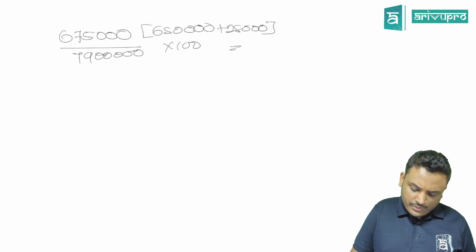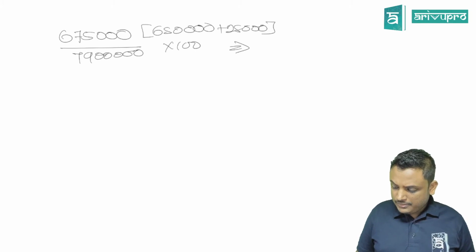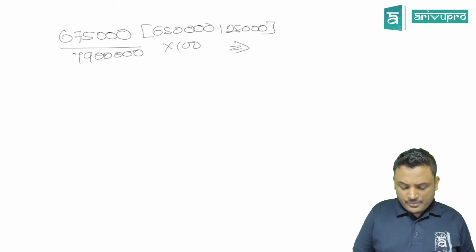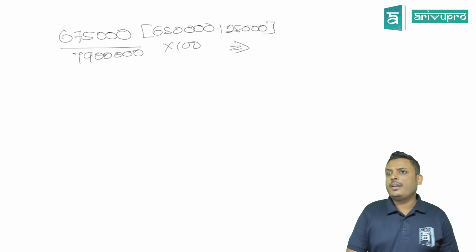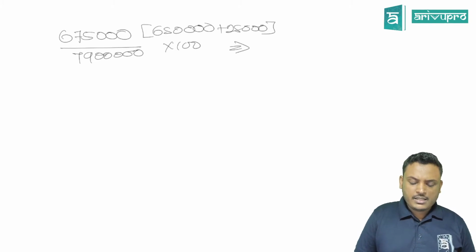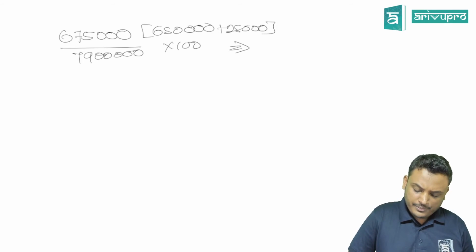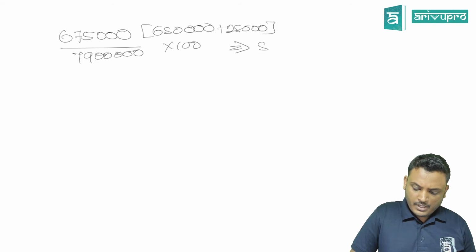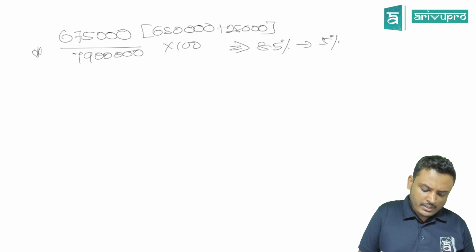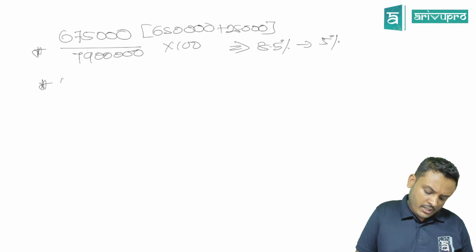What is the threshold? So what is the amount? 675,000 divided by 7.9 million into 100. What is the value? 8.5%. Standard threshold 5%. Material or immaterial? Material. Write down.